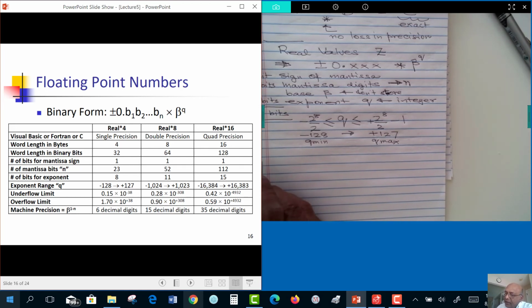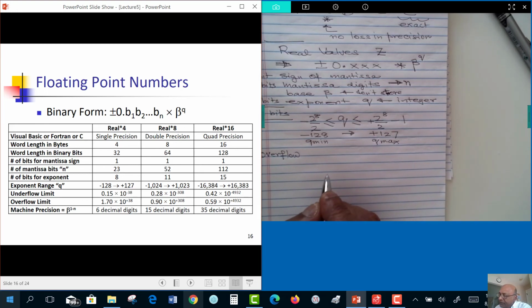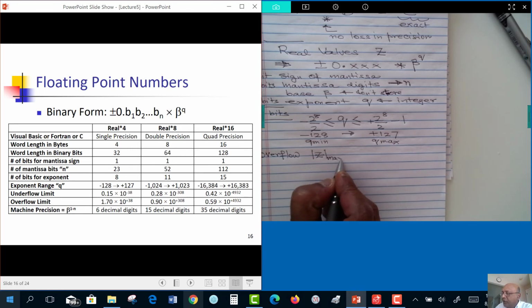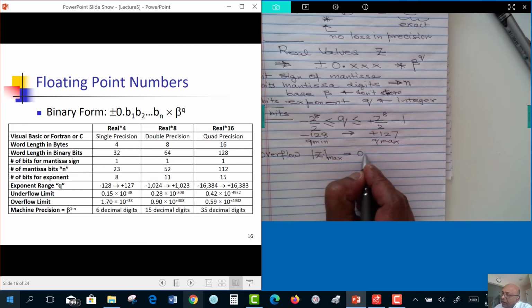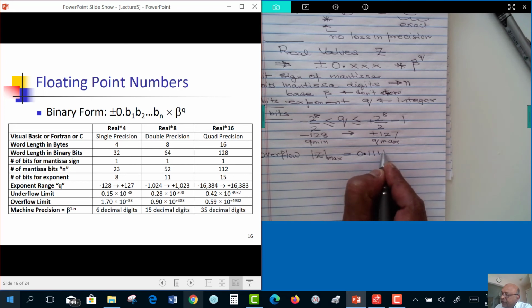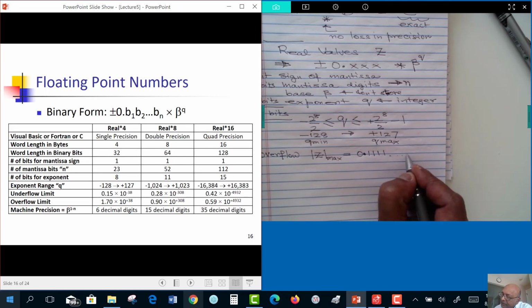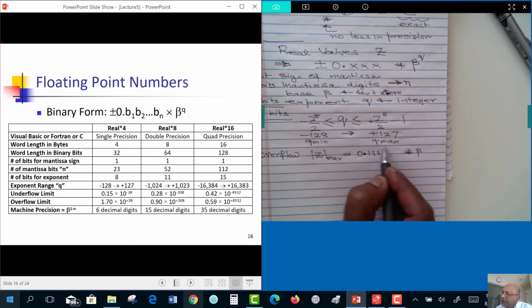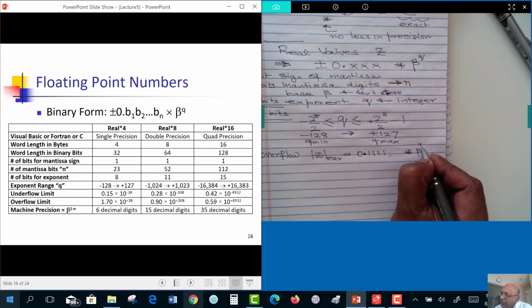So now when we think about our overflow limit for real values, what is the largest magnitude we can represent? Well, all these mantissa digits can be all ones, and our largest exponent is Qmax.